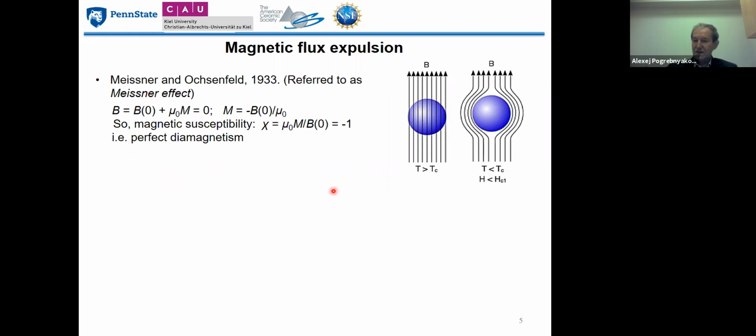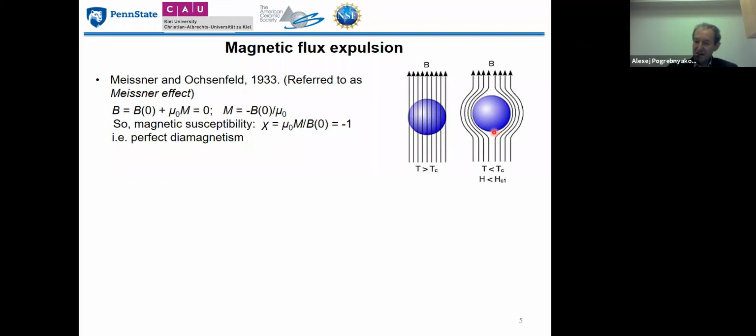It turns out that if we place a superconducting material into a magnetic field at temperatures higher than the critical temperature, this material is in the normal state.